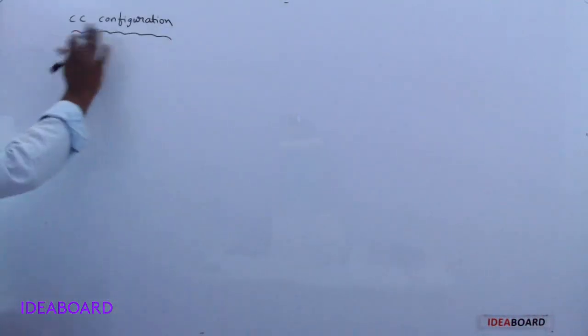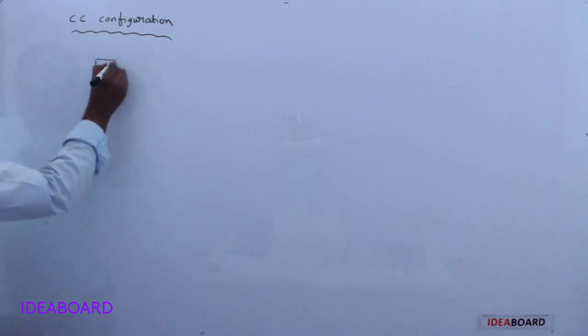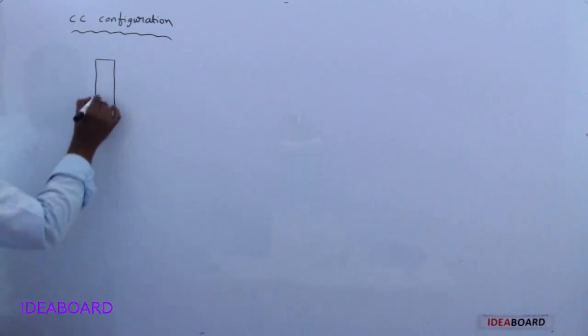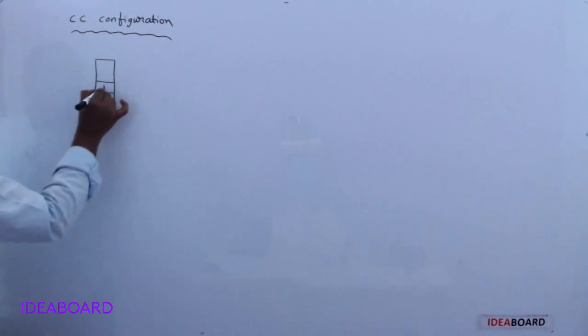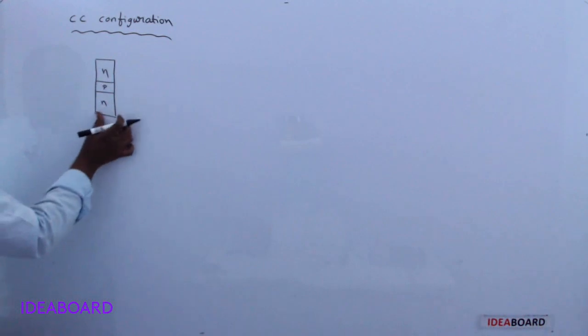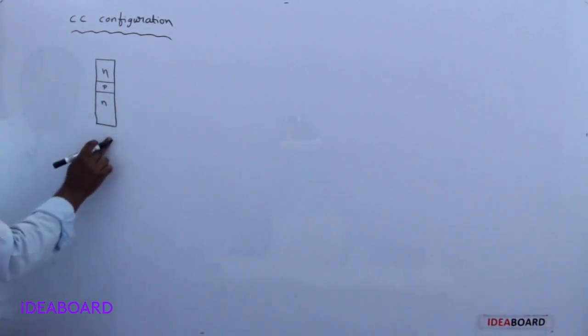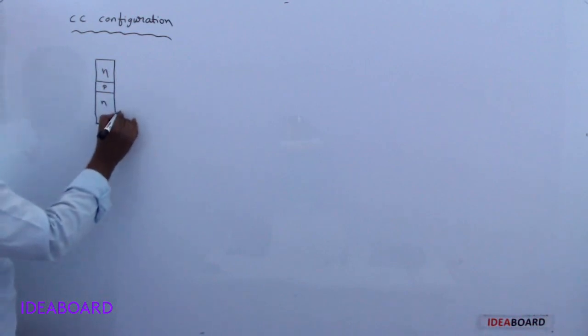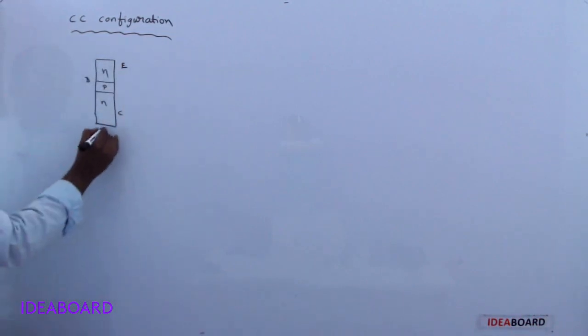So now common collector configuration. In common collector configuration, collector is common for both input and output. So this is collector and this is base and it is emitter.